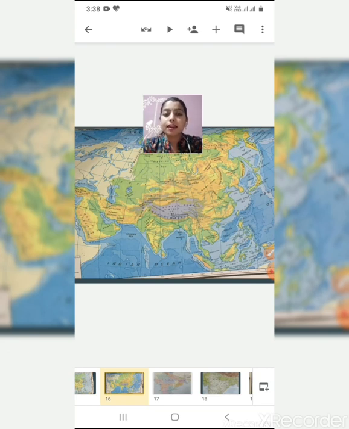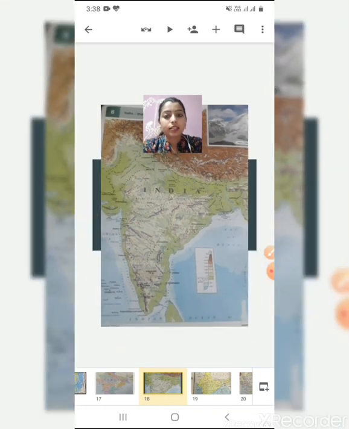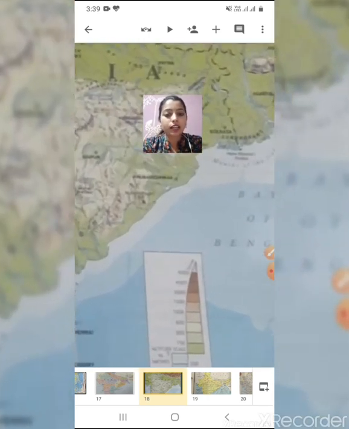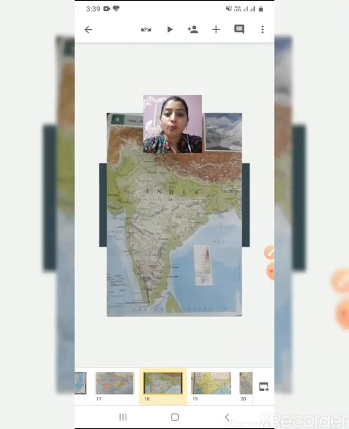That means there is an importance of colors in a map. The brown color is used, 2 green colors are used, even the blue shade is of 3 colors. So that means colors are important.